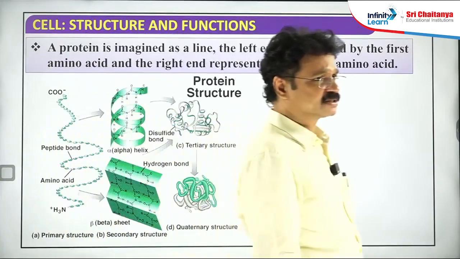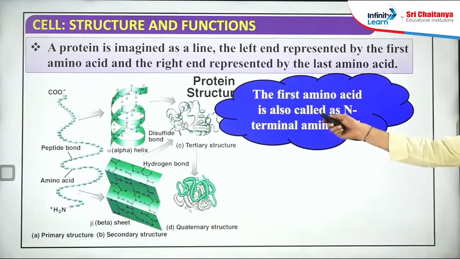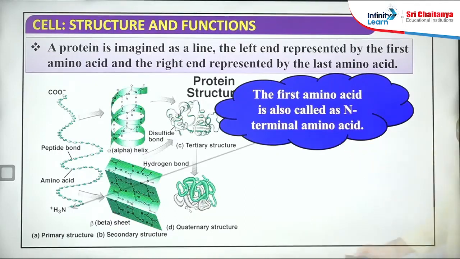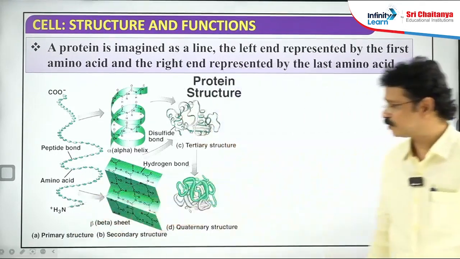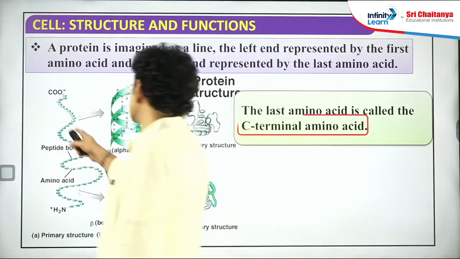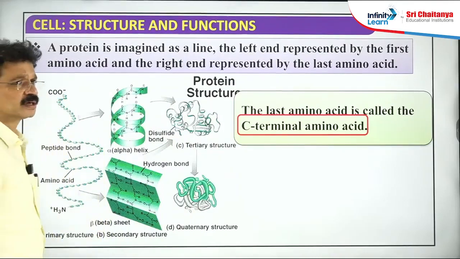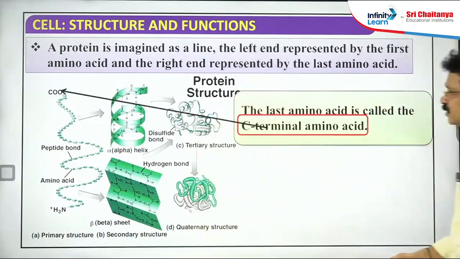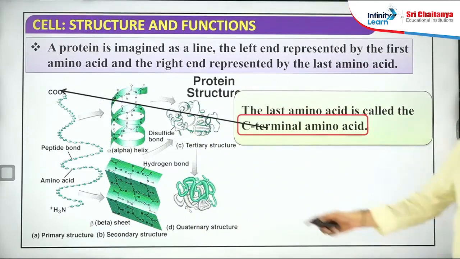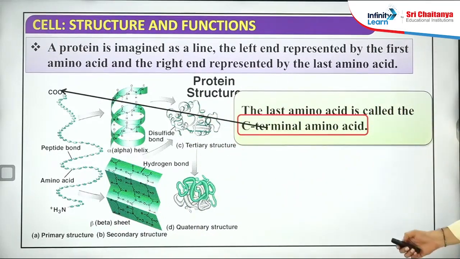The first amino acid is the N-terminal because its amino group is free. The last amino acid is the C-terminal because its carboxylic group is free, not engaged in a peptide bond. That's why it is the C-terminal. This is about the two polarities of the primary structure of the polypeptide chain.